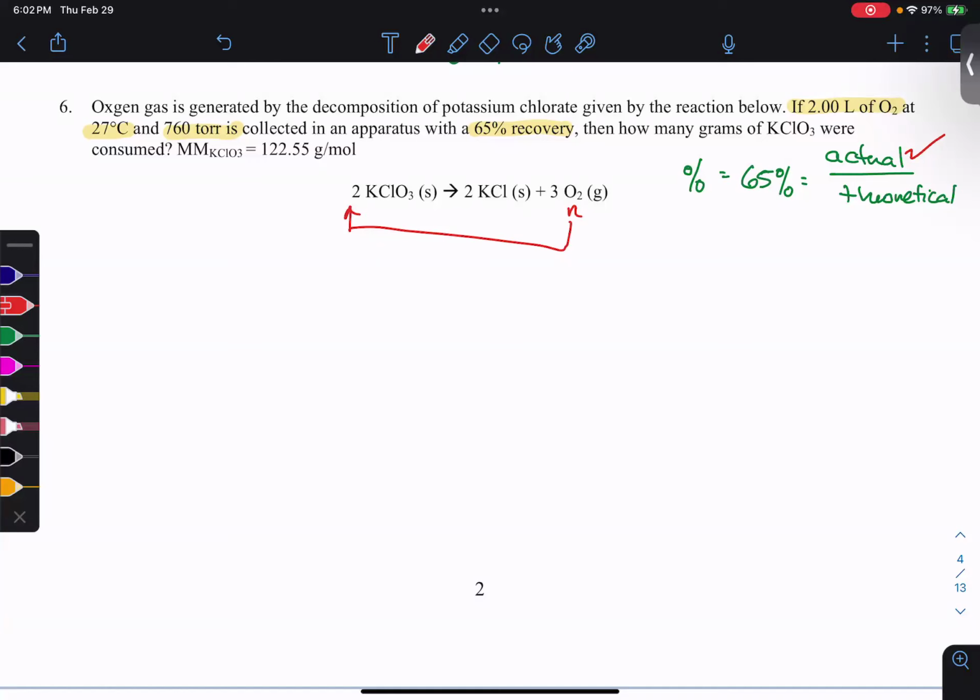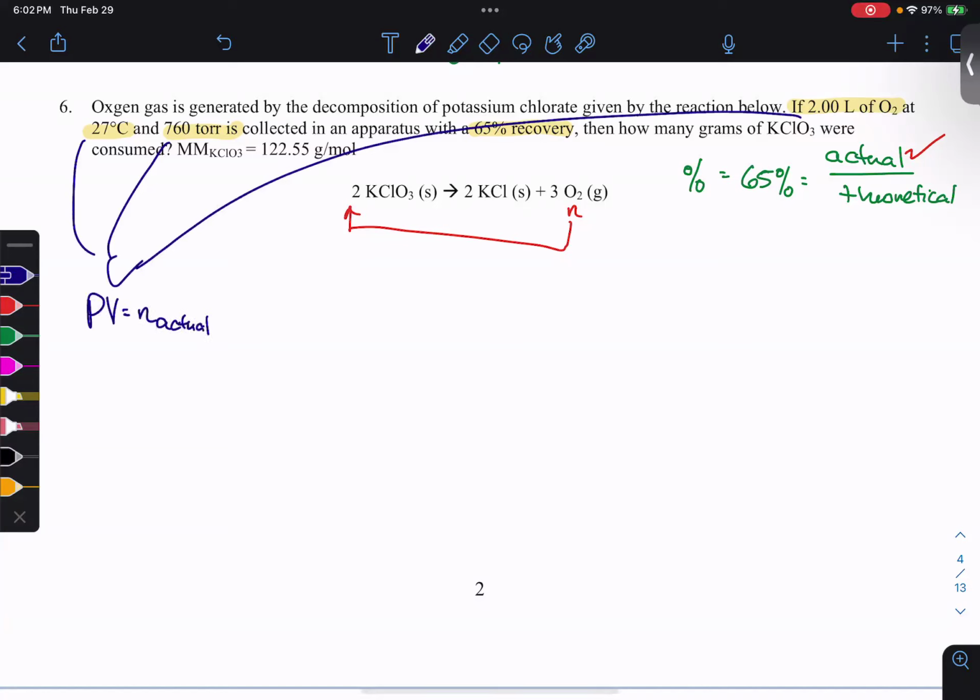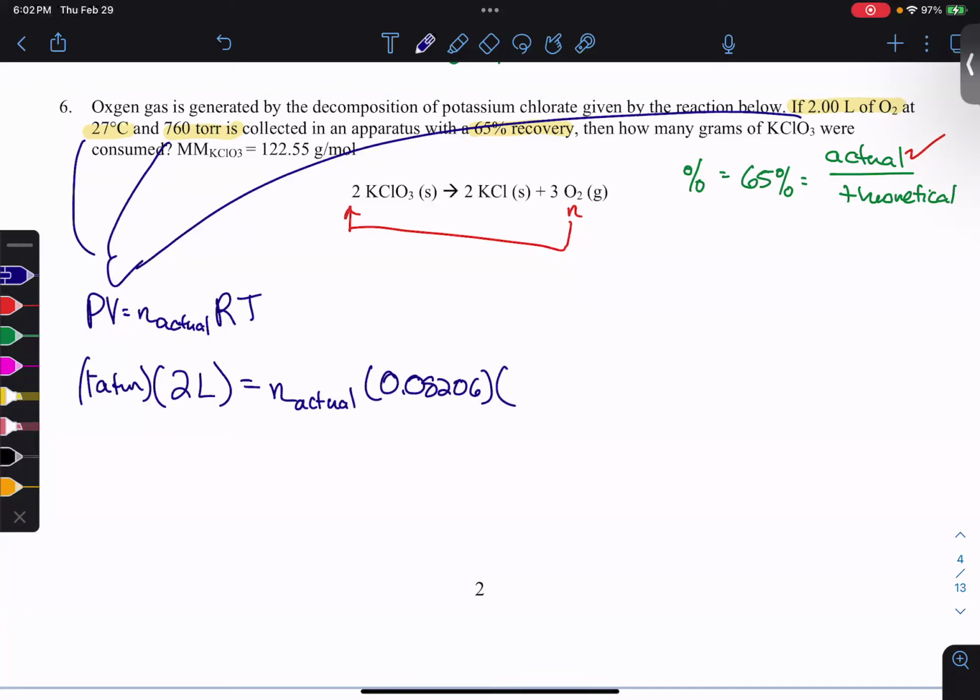So what I'm going to do is just PV = nRT the information given straight up. This is your actual number of moles that you collected, the actual amount. So pressure is 1 atmosphere. We collected 2 liters of gas equals, I'm solving for the actual moles of gas I collected, times R, 0.08206, times temperature, what's 27?